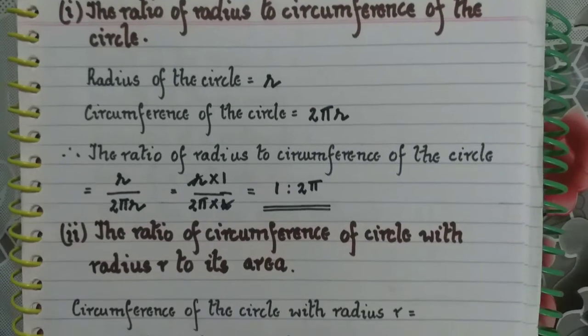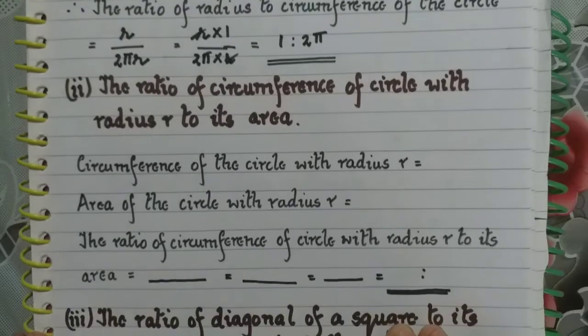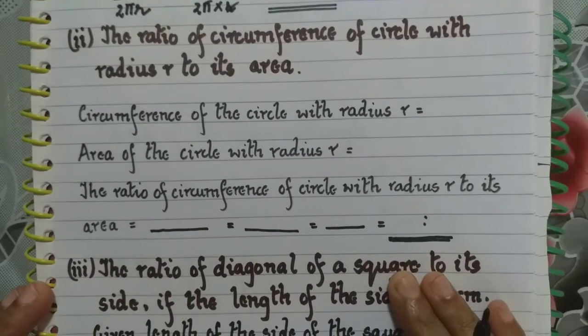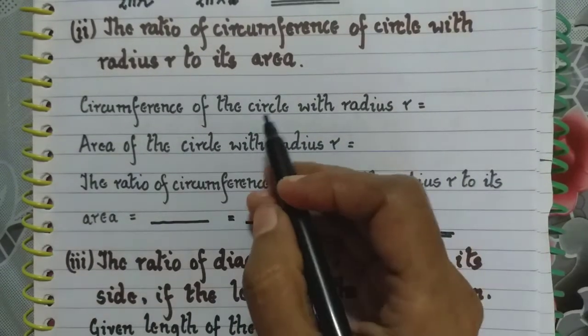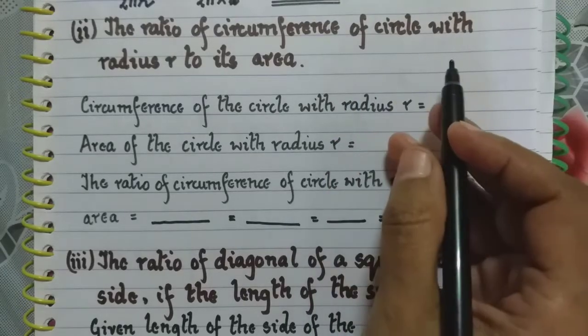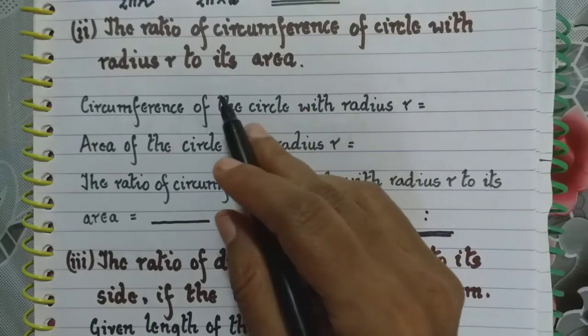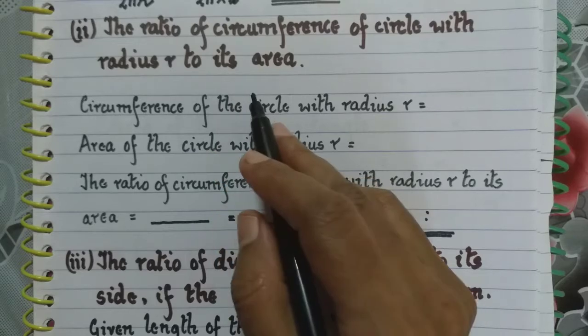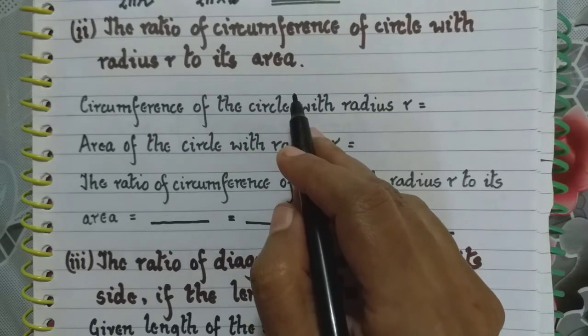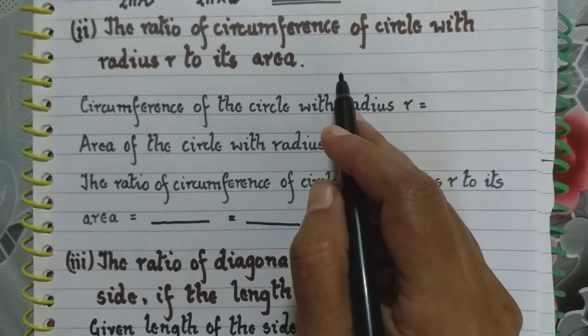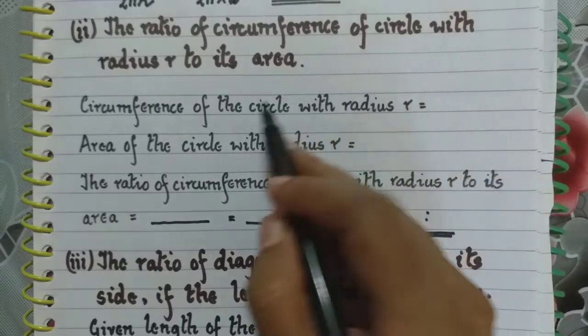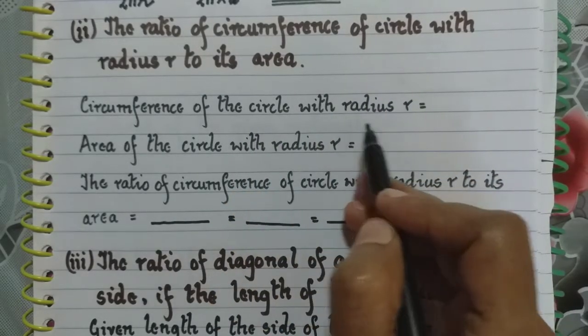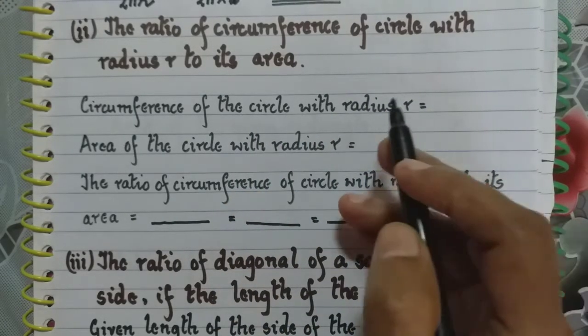Now coming to the second sub-question. In the second sub-question, we have the ratio of the circumference of the circle with the radius r to its area. Now if you see here, circumference of the circle with the radius r.